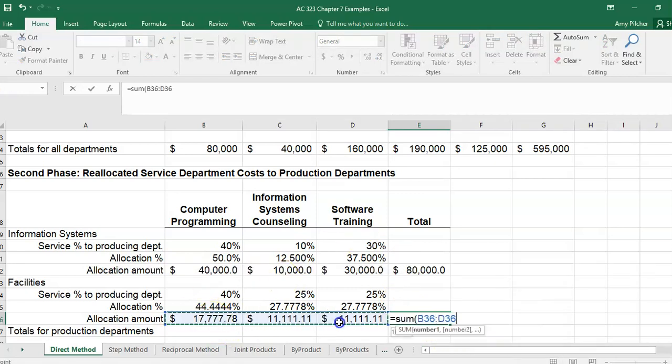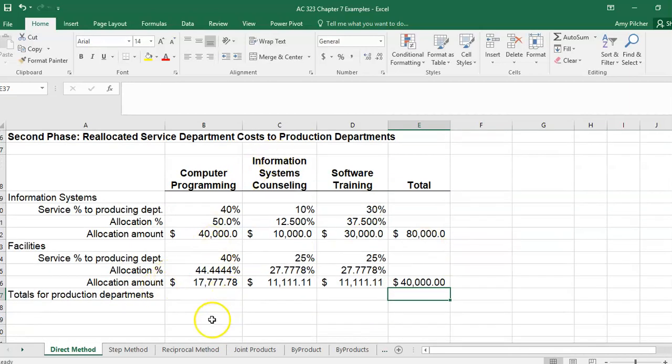We sum these and we should have 40,000 in costs that were allocated.